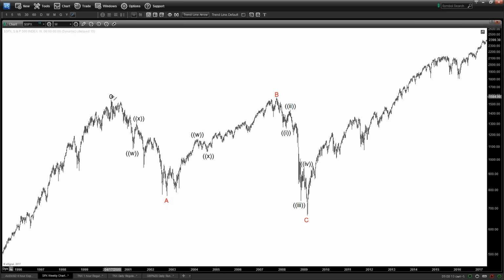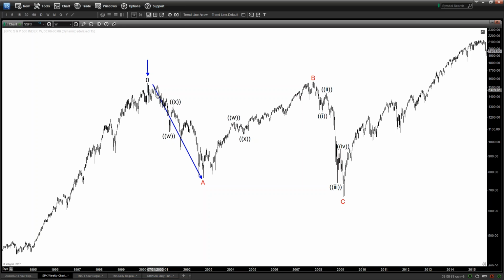This is the starting point, which is the year 2000. Anybody knows what this is about? This is all about this crash here, 2000 to 2002. Anybody has traded that long? .com. That's right. That is the .com crash.